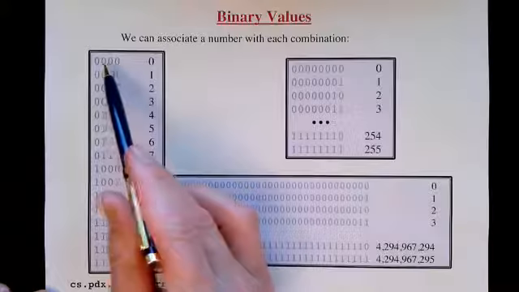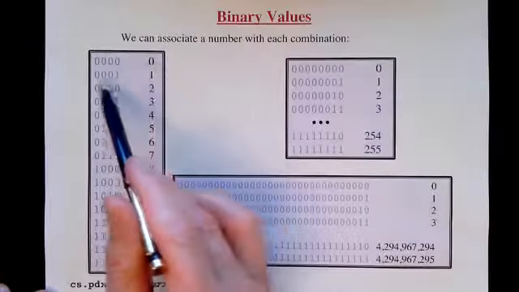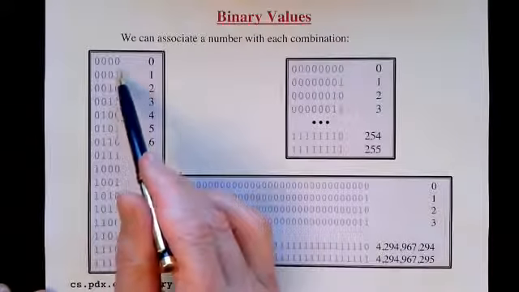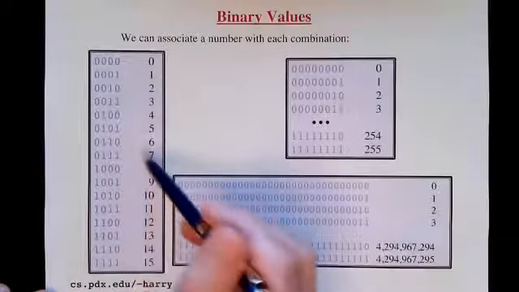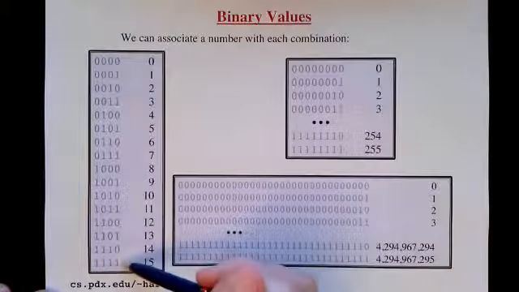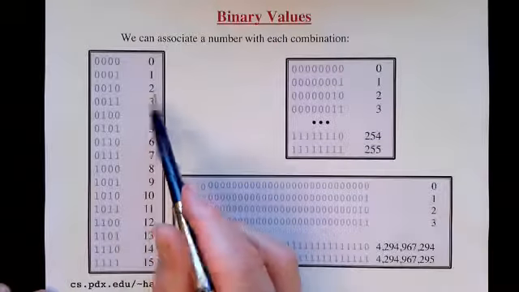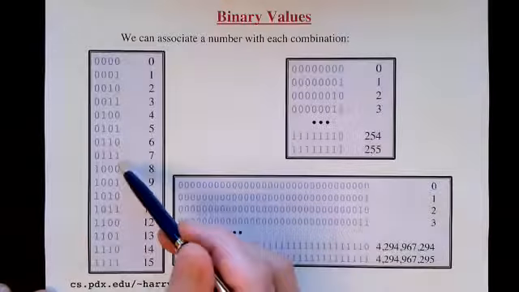So notice that the binary value of all zeros corresponds to 0. And the binary value of all zeros with a 1 in the least significant position corresponds to 1. And then all the way up at the top, the greatest value is associated with 1, 1, 1, 1. So with this system, I can represent any number between 0 and 15 with 4 bits.